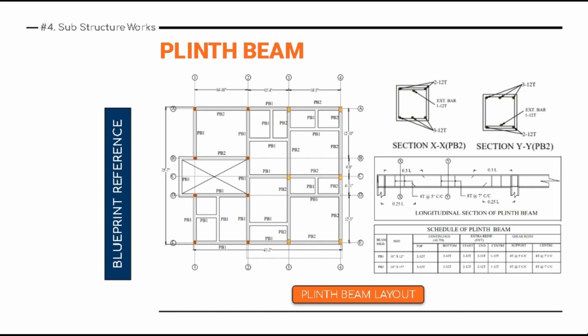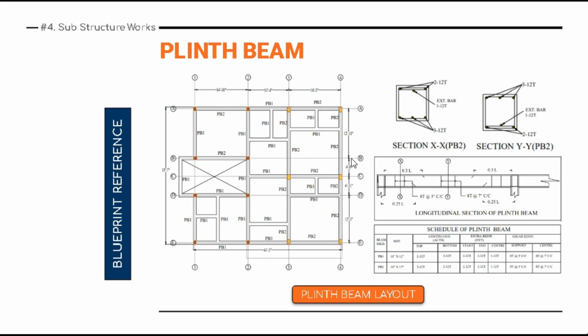These are the blueprint references. You can see here the structural detailing, and this is the reference drawing for you. This PB1, PB2 marks the plinth beam types 1 and 2. Here you can refer to the schedule of plinth beam mentioned.